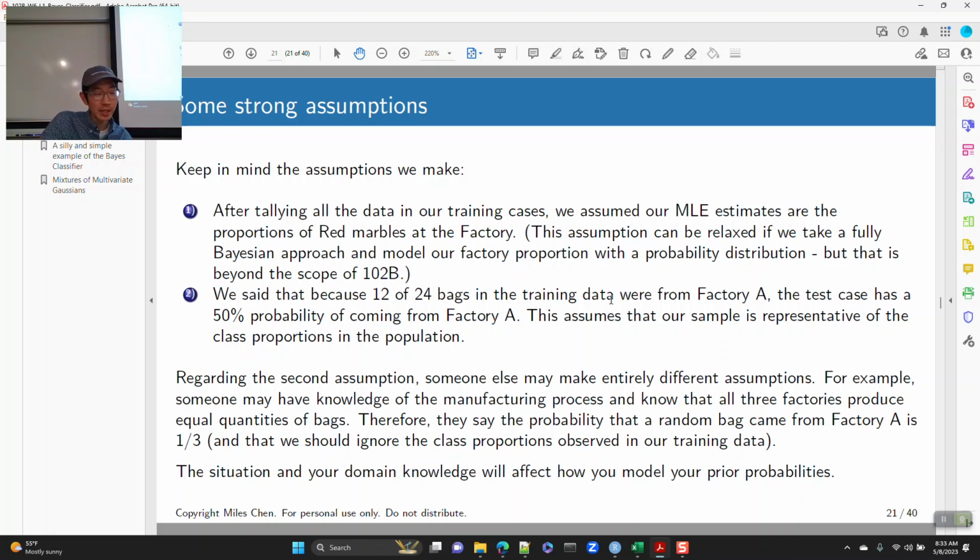And so you can say, prior to looking at your data, everything has a prior probability of 1/3, and you could ignore the proportions in your training data. But you would need to have literally prior information, right? So you would need to have some kind of outside source that tells you that, and that depends on your domain knowledge, and I guess past research and stuff.